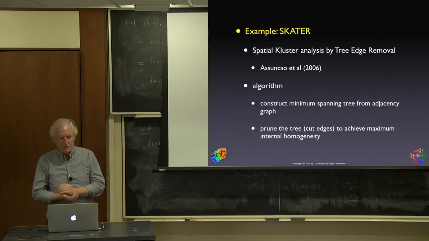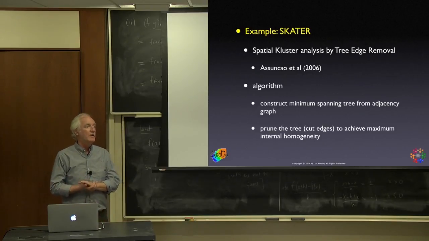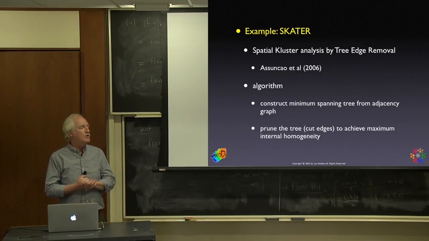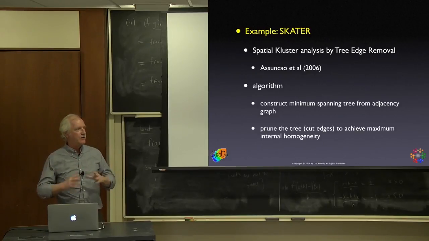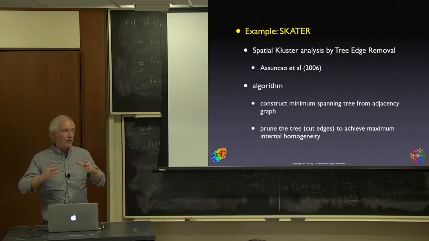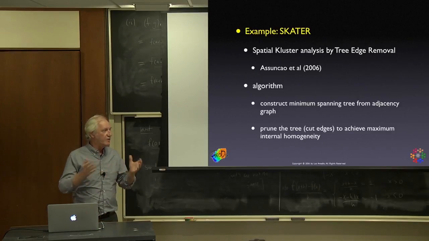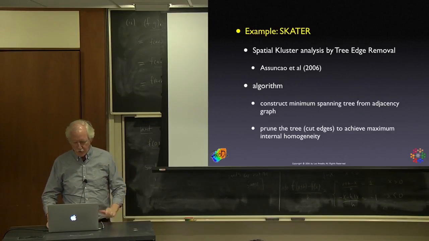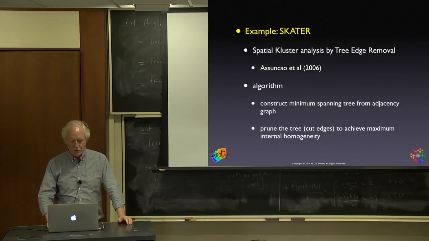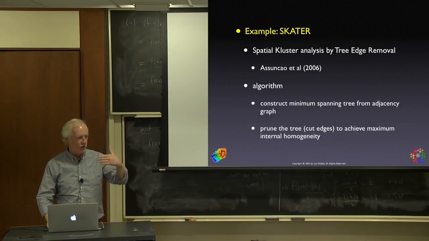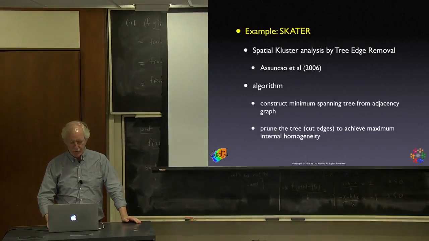It's the concept of a minimum spanning tree, which is one way to simplify the graph structure of a network. You can think of contiguity as a network representation. So we can simplify this in the minimum spanning tree, and then we're going to cut it. So it's actually very simple.